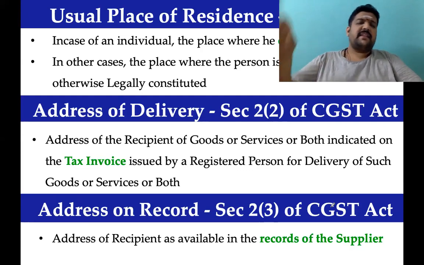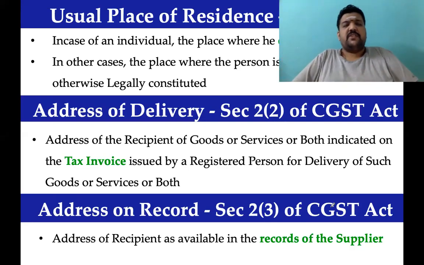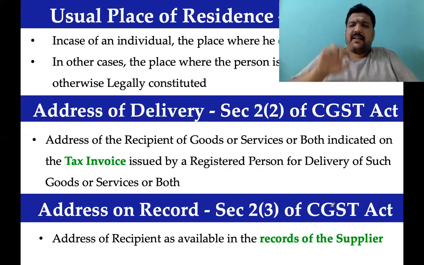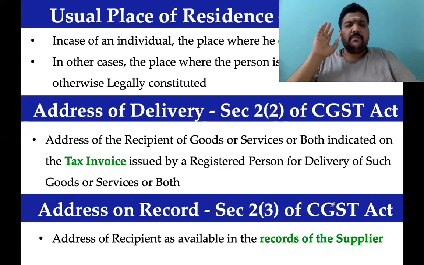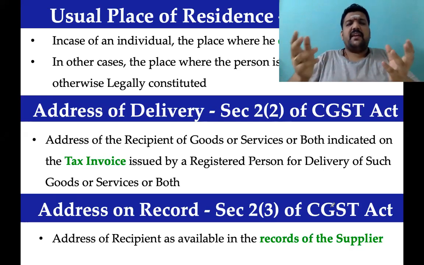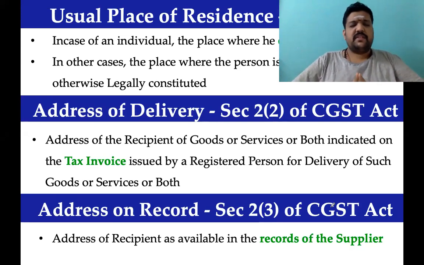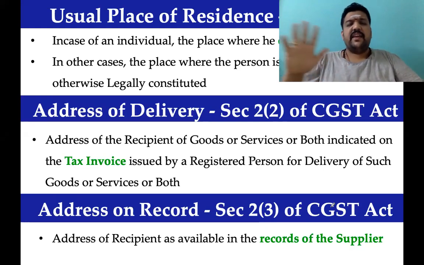Again, it can maximum go as a body corporate, a foreign company having its branch or establishment over there. Generally, legal person will revolve only on this, including the government. For all of them, where they are incorporated would be the usual place of residence. For individuals, where they ordinarily reside.